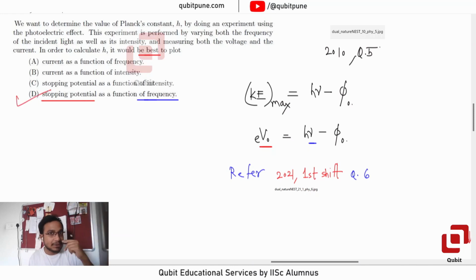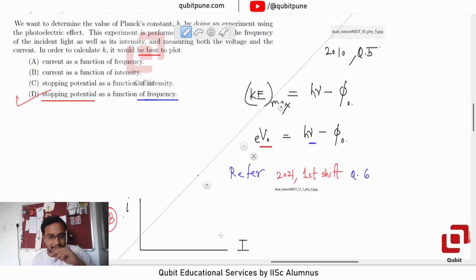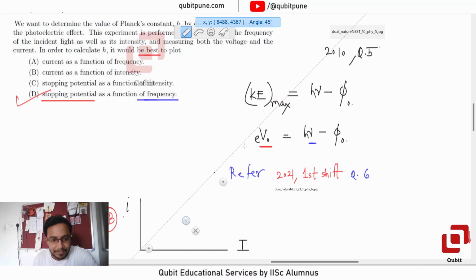But let's also go through the other options. Let us start with B. In B they're saying current as a function of intensity, and we know that this is a straight line graph, right?